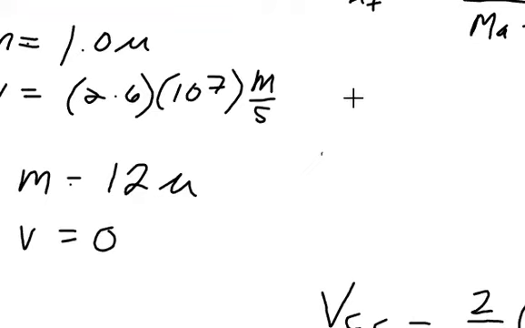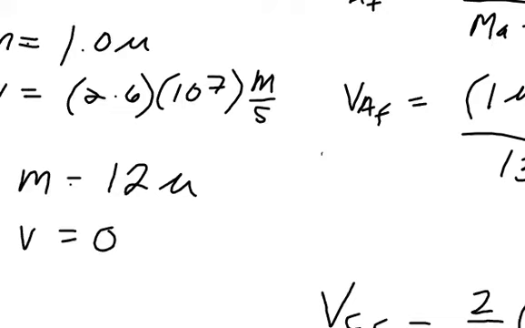So we are going to have VA final equals mass of A is 1U minus 12U, divided by 13U, times 2.6 times 10 to the 7 meters per second.